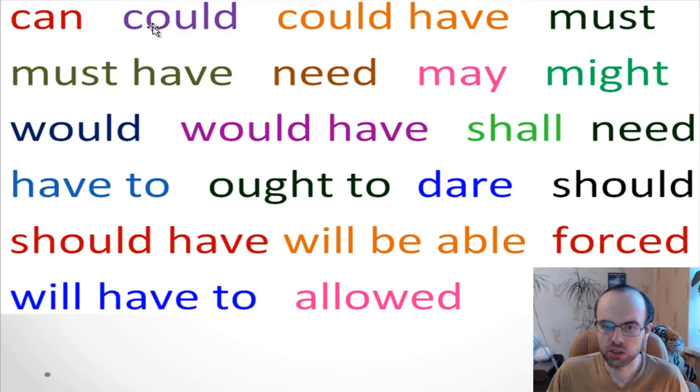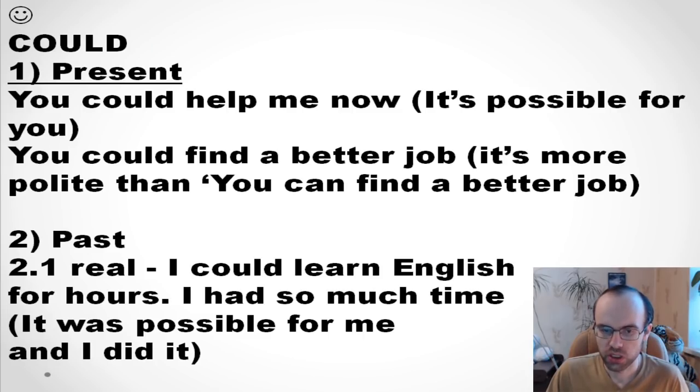Okay, next. Let's talk about could. It's a little bit more difficult. First of all, you need to know that we use could in two main situations, present and past. We use could when we talk about the present. For example, you could help me now. It means that it's possible for you to do it.